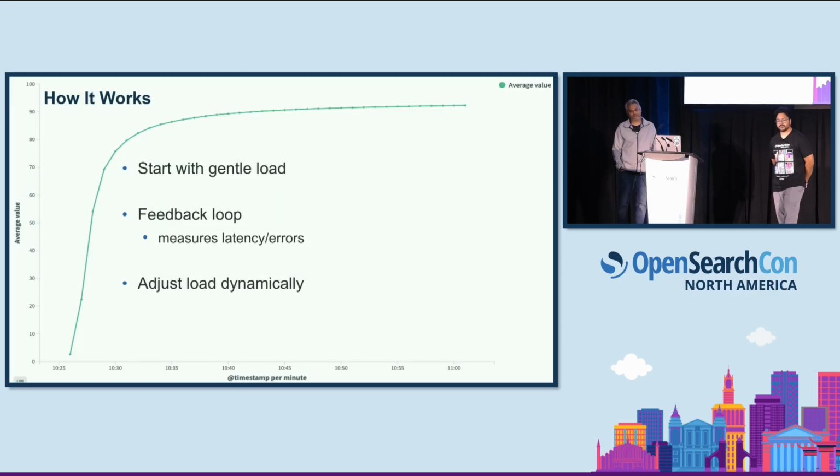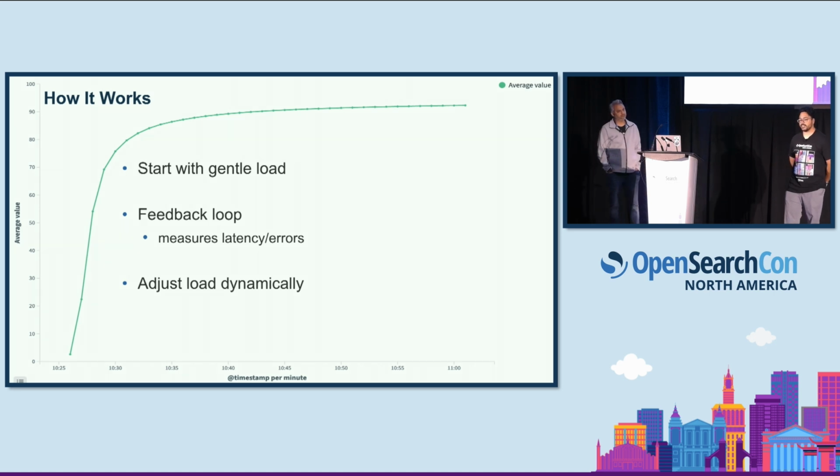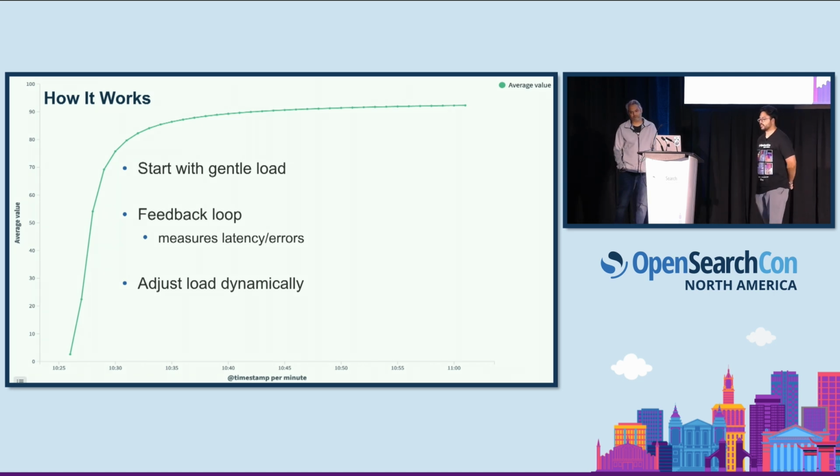All right, so how does it work? A redline test is going to start us off with a very gentle load. We're actually going to start from 0 clients, ramping this number up, all the while listening to your cluster with the feedback loop that Rishabh mentioned already. OSB is measuring each request's latency and whether it's returning any errors, and adjusting that load dynamically based on how your cluster is behaving.